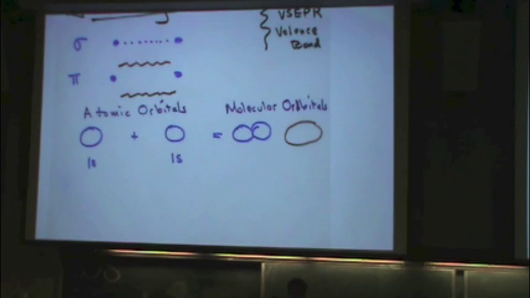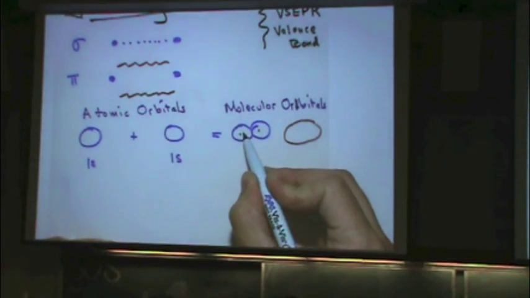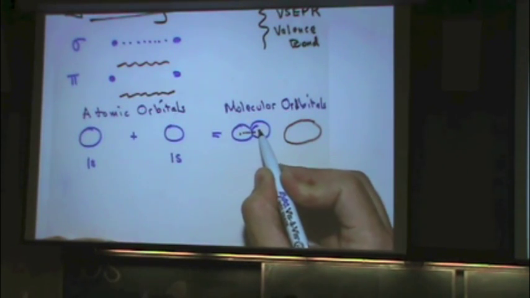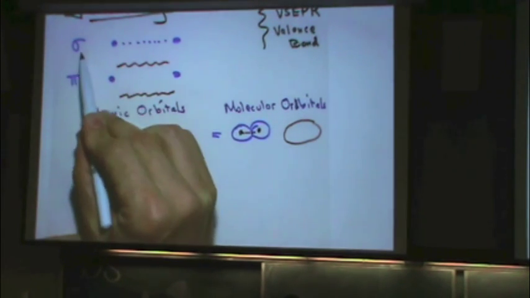Okay, so just like the atomic orbitals have names, like 1s, 2s, 2p, 3p, etc., we're going to name our molecular orbitals too. Take a look at this molecular orbital. Here's the nuclei. Can you see that the bond is going to occur between the two nuclei? So thus we'll call this what kind of bond? A sigma bond.